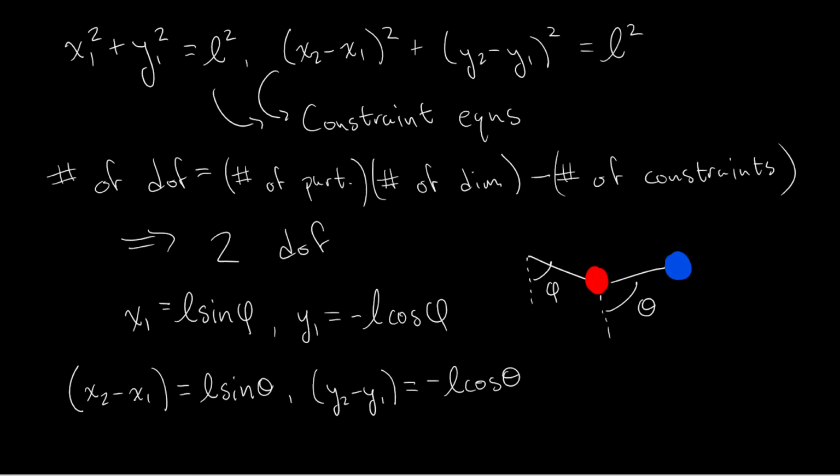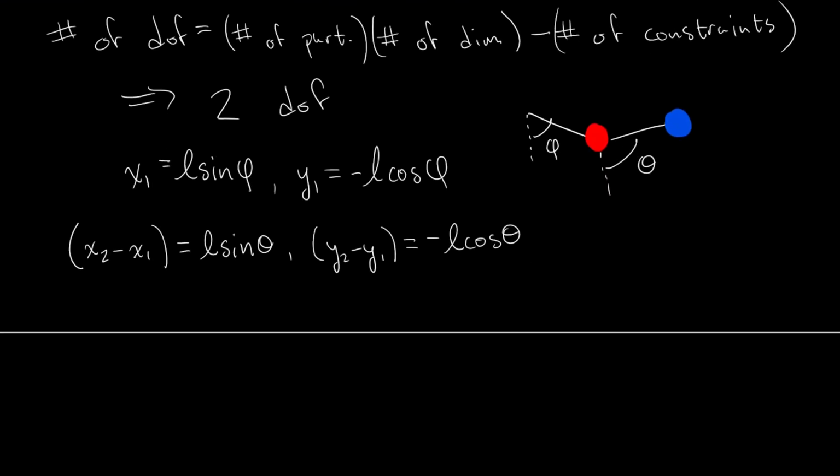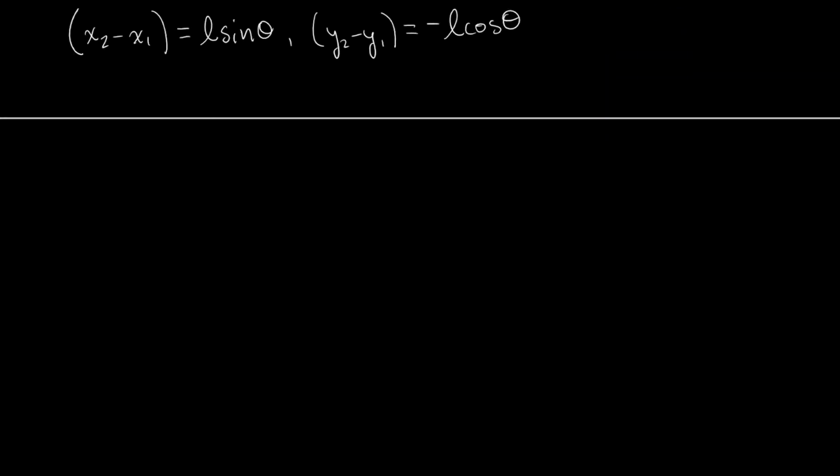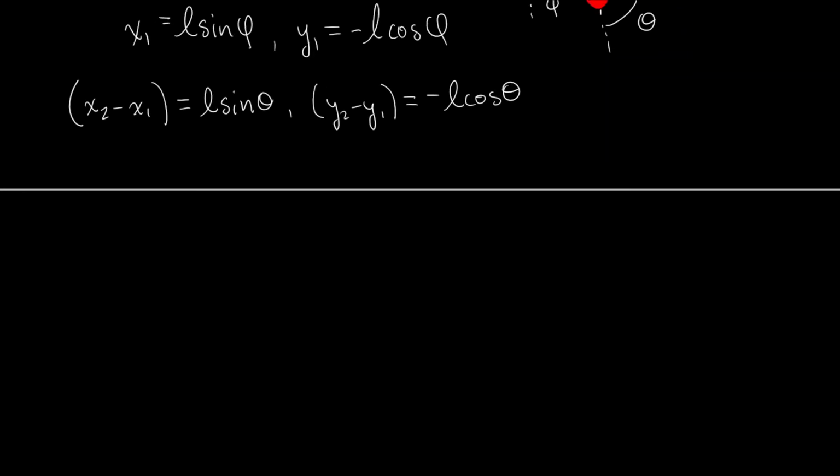Okay. So I can be a little bit better with the second constraint. I'm going to rewrite them, basically just substituting in these guys, so that I can write it just in terms of x2 and y2.